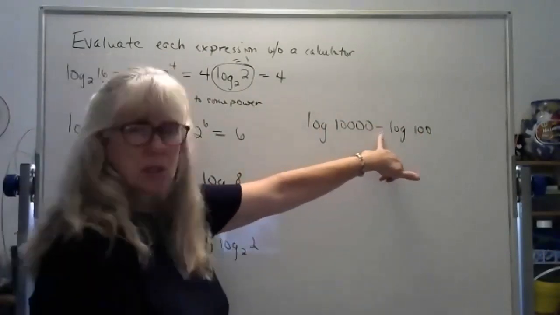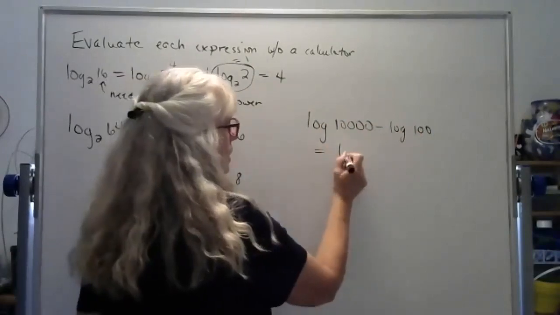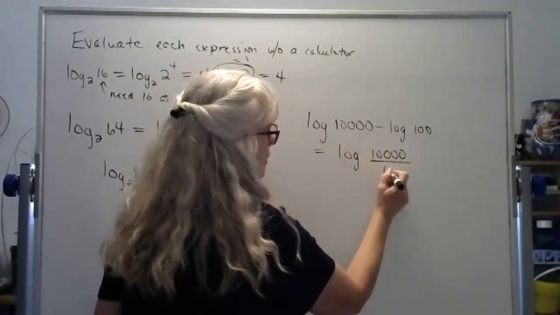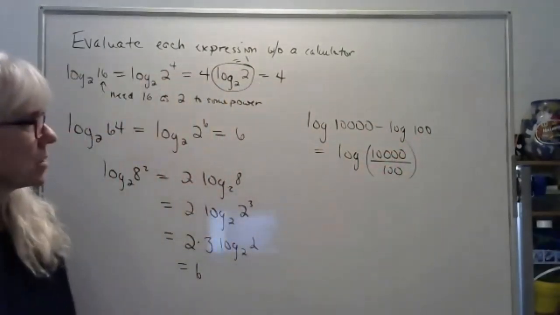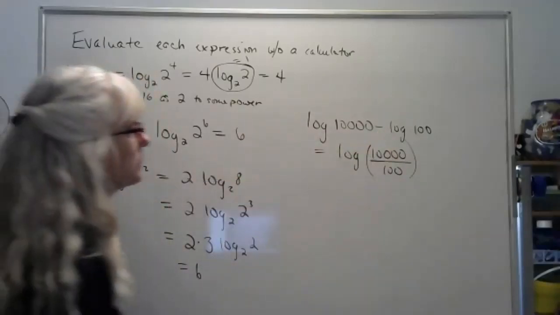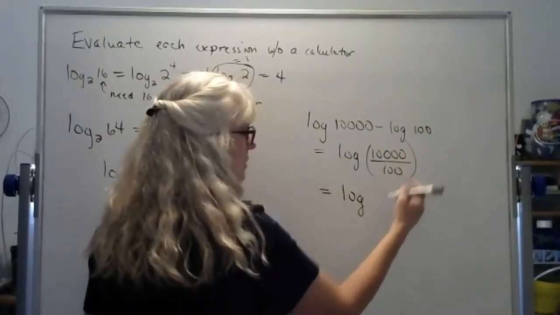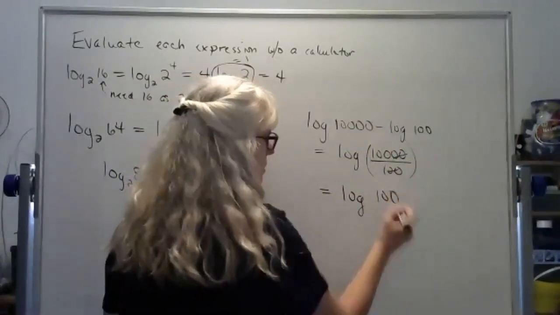You see a minus between them, and that minus is telling me to rewrite it as a quotient of 10,000 over 100. So I now have the log of 10,000 over 100, and that's what that minus does. That was one of the properties from yesterday. So 10,000 divided by 100 is what? I can count off zeros and get 100.